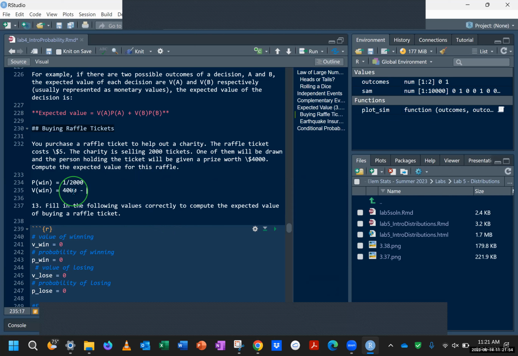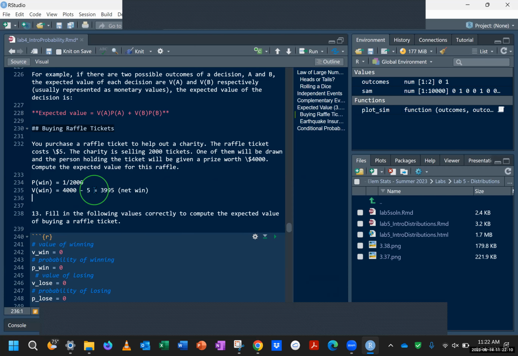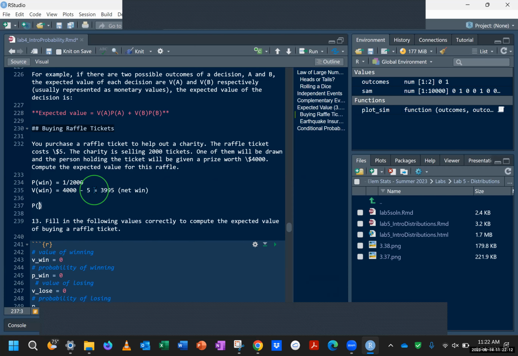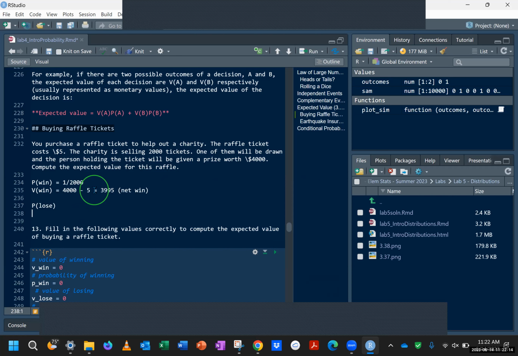But remember, if I won, that means I also bought a $5 ticket. So this is the catch. We have to subtract 5 here. We paid $5, so really, we win 3,995 as our net win. Now I want to look at the probability of losing and the value of losing. You can figure those out.